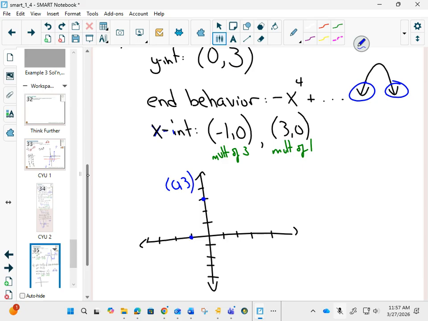X-intercepts -1, 0, and 1, 2, 3, 3, 0. Then on this graph, multiplicity of 3 at -1. It's got to flatten out, so I'm going to draw a little flat line here to start. And the multiplicity of 1, it's going to go straight through. Now my end behavior, it has to start down here. Connect to the one side of the flat node, go through the flat node, come back up, and this one straight through.